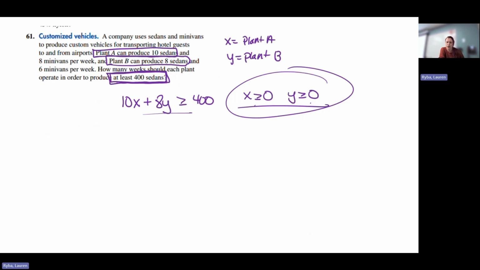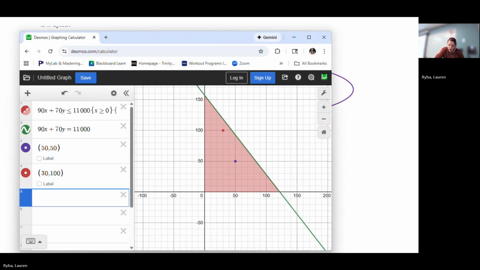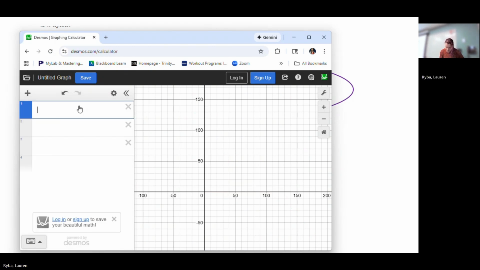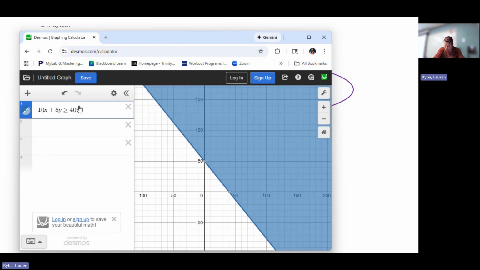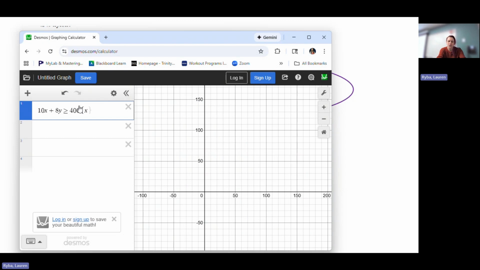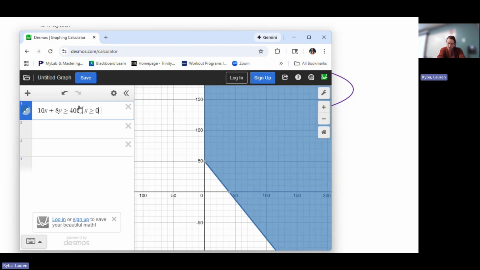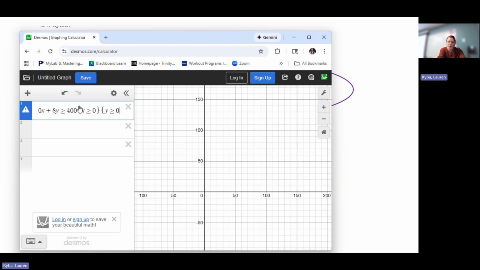Okay, so then we go over here. Clear all of this out. All right, we had 10x, 8y greater equal 400. And then I'm going to immediately follow that with x greater equal 0, curly bracket again, y greater equal 0.